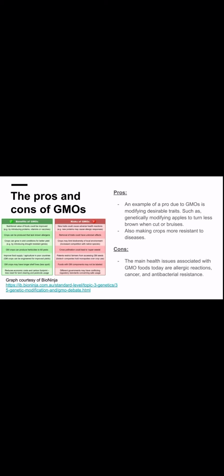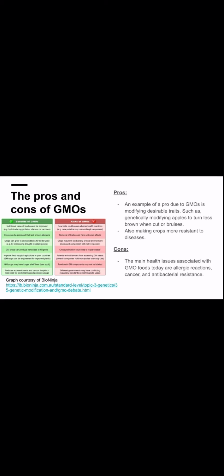On this slide, I have included a chart to help you visualize the benefits and risks of GMOs. A few of the benefits that I would like to point out are that GM crops can produce herbicides to kill pests. Also, they provide a longer shelf life for certain crops. For example, fresh fruit and veggies tend to spoil quickly.